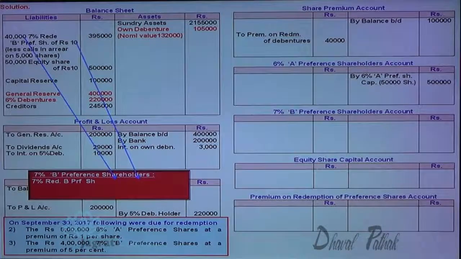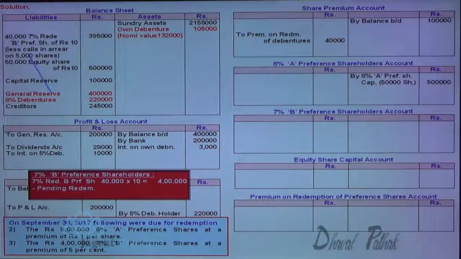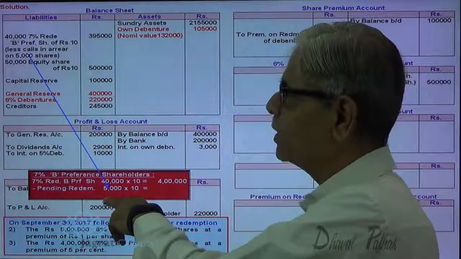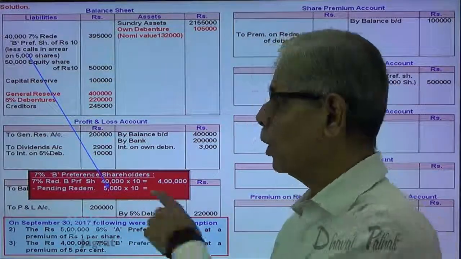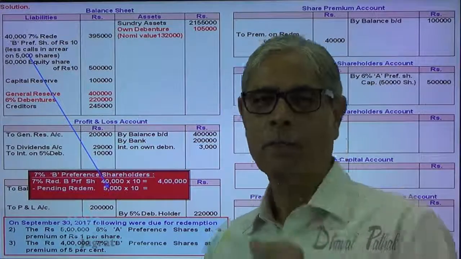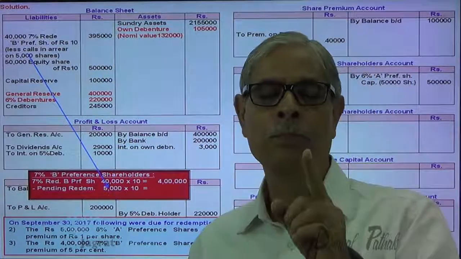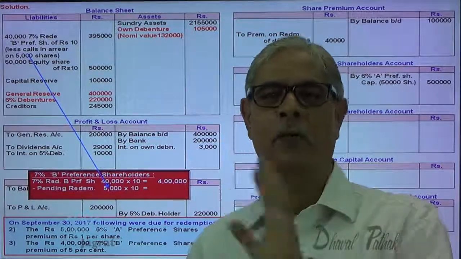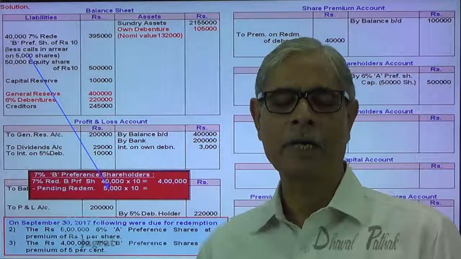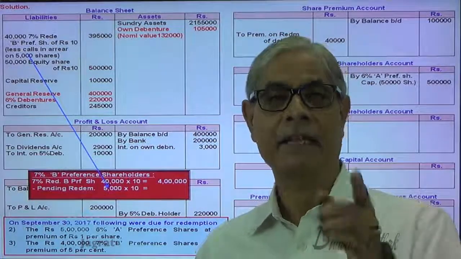The 7% preference shares, 40 lakhs into 10 each, out of that, pending redemption is 5,000 shares, on which the amount in arrears is 5,000, but the face value is 50,000. The preference share is of rupees 10 each. 1 rupee is the calls in arrears, so 9 rupees are already paid, but the total face value cannot be redeemed.